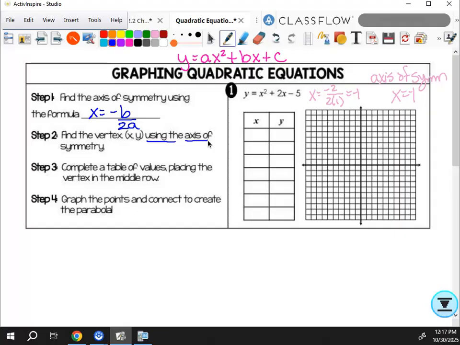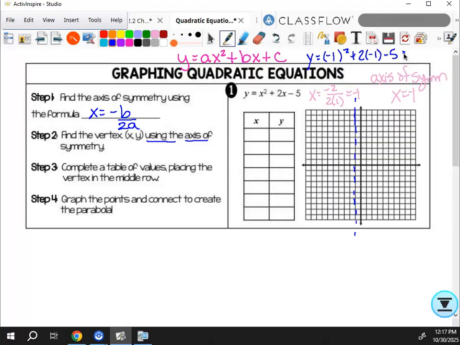The axis of symmetry that we just found, we are going to sketch it in with a little dotted line. Here's my little axis of symmetry. But we need to find the actual vertex. We know the x value, we need the y value. So I'm going to take that and just substitute it in here and get y equals negative 1 squared plus 2 times negative 1 minus 5.